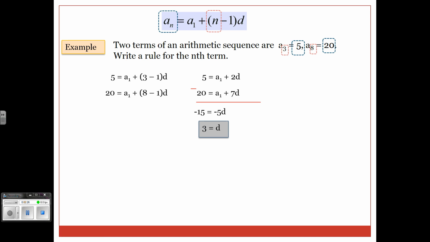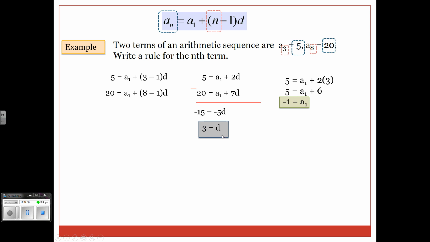Alright, so now that I have d, I can plug 3 into either one of these equations and solve for a1. So why don't you go ahead and try to do that and figure out what a1 is. Alright, so I chose to plug it into this equation. I plugged 3 in for d, and I got a sub 1 is negative 1.